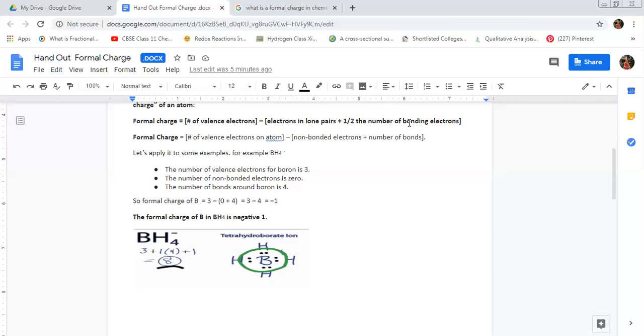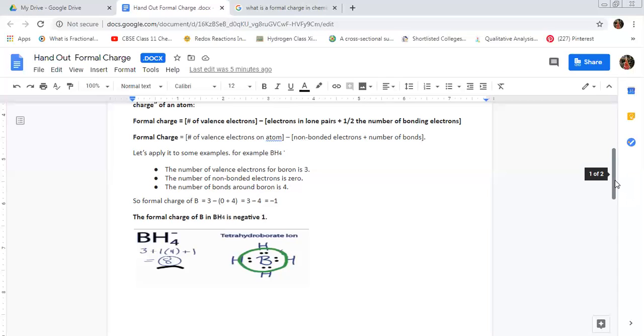Either you can do half of 8, or you can write simply the number of bonds formed by it. Single bond 1, single bond 2, single bond 3, single bond 4. So you can write either over here 4, or you can write half into 8. It's your choice, whichever formula you want to use. I've written both the formulas.